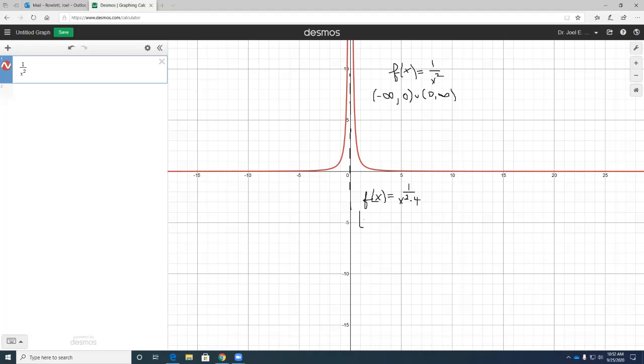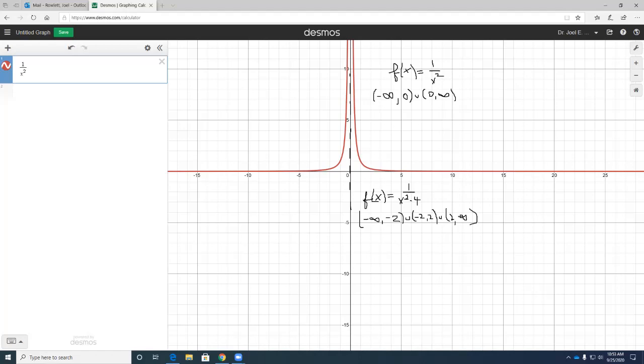The domain would be every x value from negative infinity all the way to -2. And then you can also choose any real number between -2 and +2. But you can't use 2 because that would give you a 0 in the denominator. And then you can pick any real number that's larger than 2, so from 2 to infinity. So we could have written it that way.